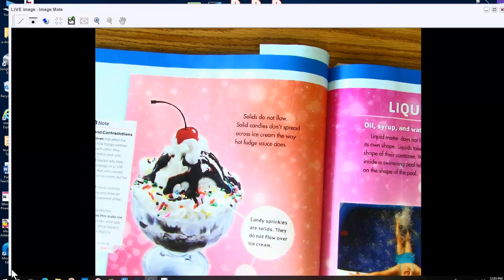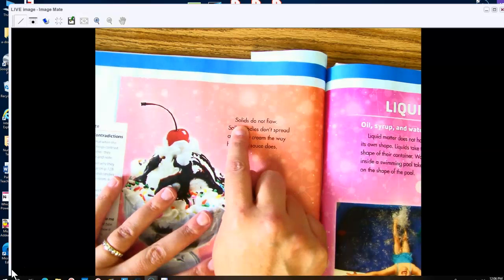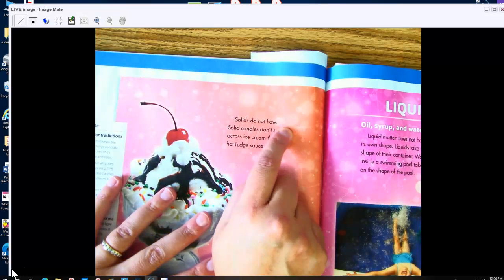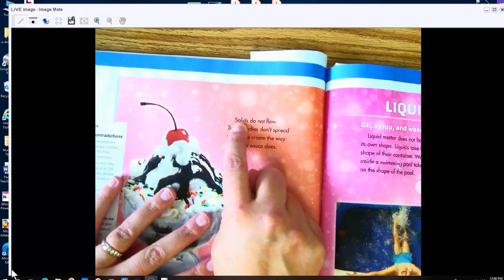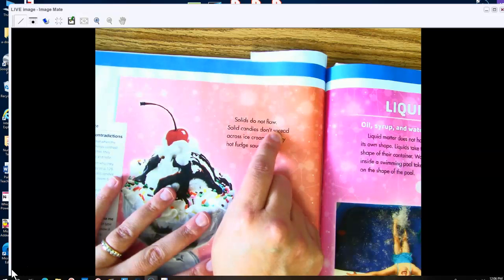That sprinkles don't spread across ice cream like hot fudge. Okay, but what do we learn about solids? That's just one kind of solid. What's that first sentence say? Solids do not flow. Yes, because not all solids are sprinkles, right? No. So all solids do not flow. So let's underline that sentence. Solids do not flow.